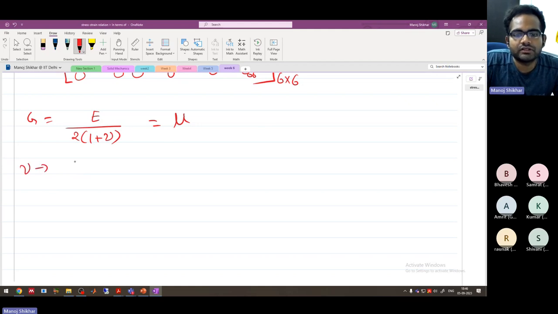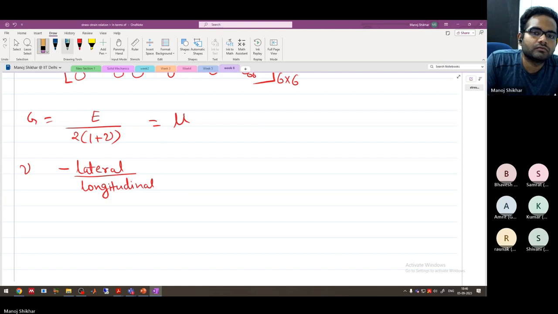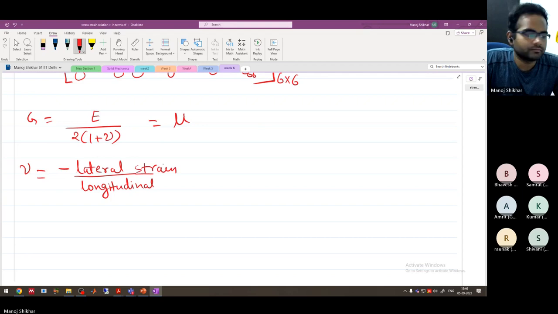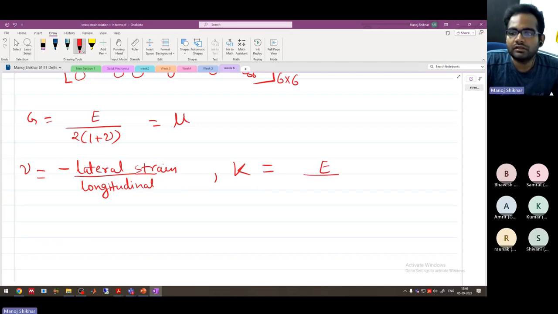Mu is Poisson's ratio and it is defined as lateral strain by longitudinal strain. So this is a ratio with a negative sign. And there is another property called bulk modulus, and we can write the bulk modulus as E by 3 into 1 minus 2 mu.